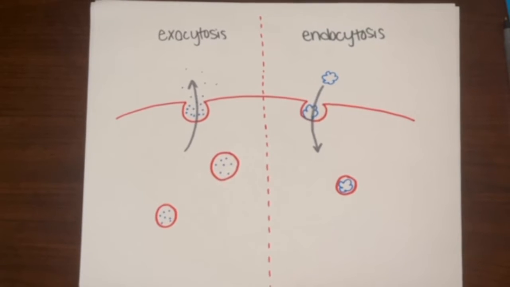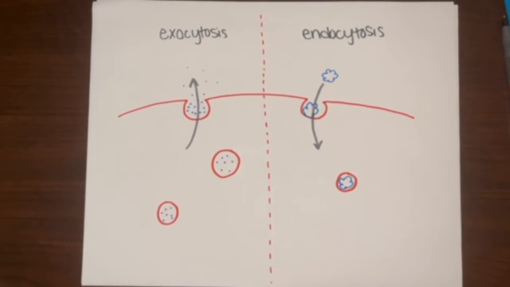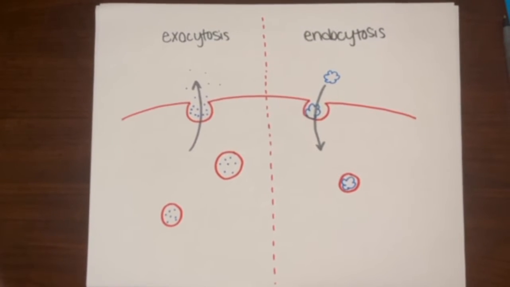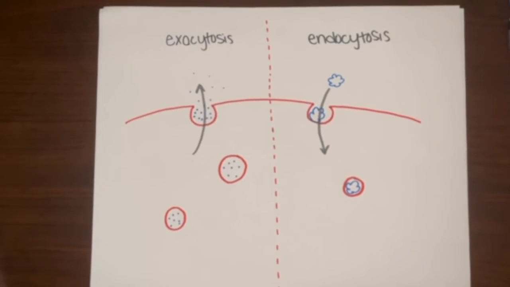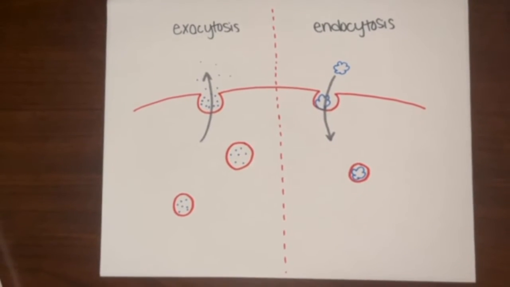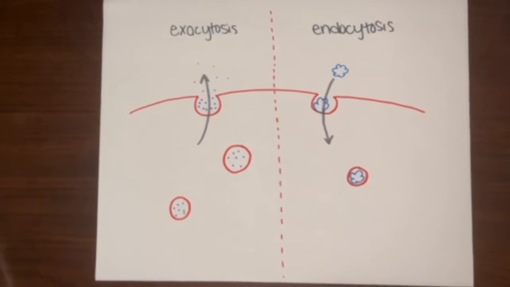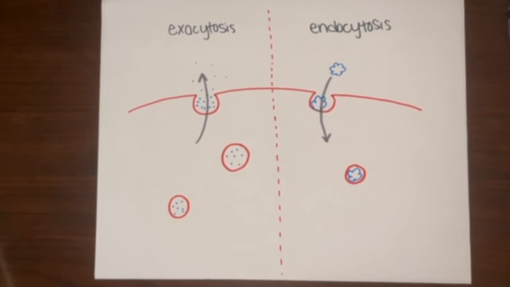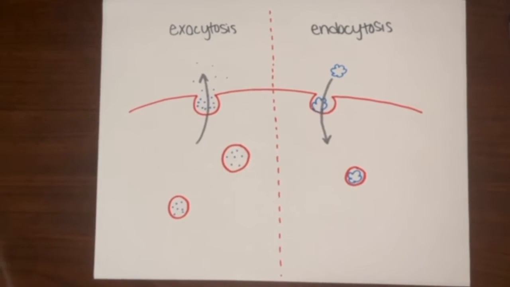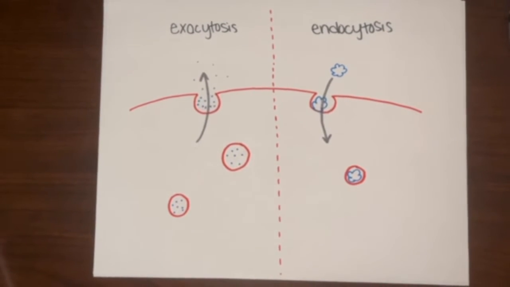Phagocytosis is a form of endocytosis, and this means cell eating. Bulk phase endocytosis is the internalization of a large amount of membrane into the cell and formation of a vacuole. Receptor-mediated endocytosis is when cells absorb things, such as hormones, proteins, and sometimes even viruses.